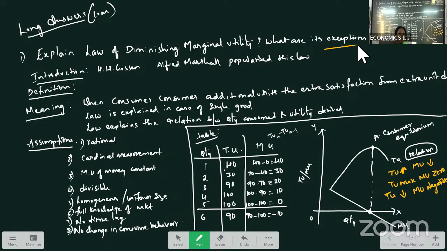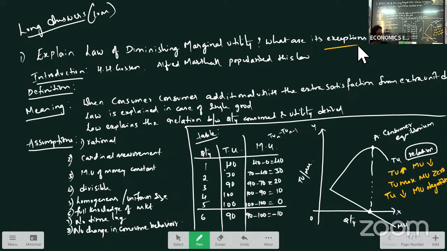We also assumed cardinal measurement of utility, but in reality we cannot measure our utility. Cardinal measurement means utility is measured in cardinal numbers, that is 1, 2, 3, 4. We are measuring our satisfaction, which is not possible in reality. So cardinal measurement is not possible.